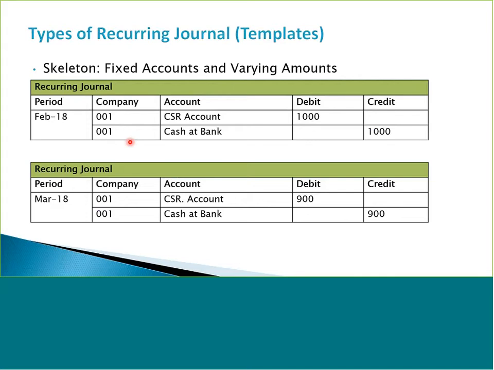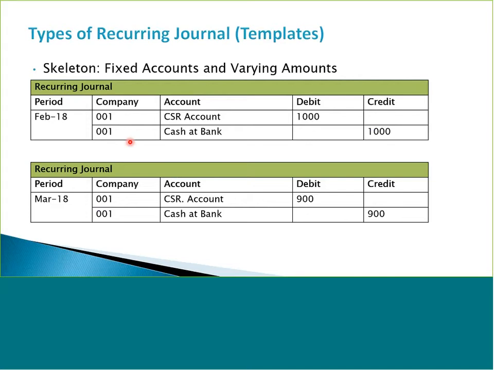So just as a refresher, we know that the skeleton template usually has fixed accounts with varying amounts. So as the name kind of gives away, with a skeleton, the only thing that we define is the accounts that we are going to enter debits or credits against.